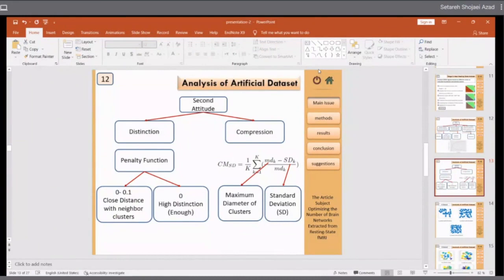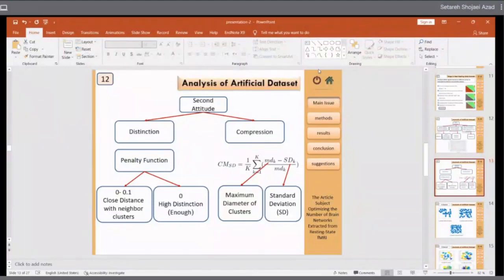I can talk about two indicators: the standard deviation and the maximum diameter. The standard deviation is used to determine the extent to which data change or scatter in a cluster.